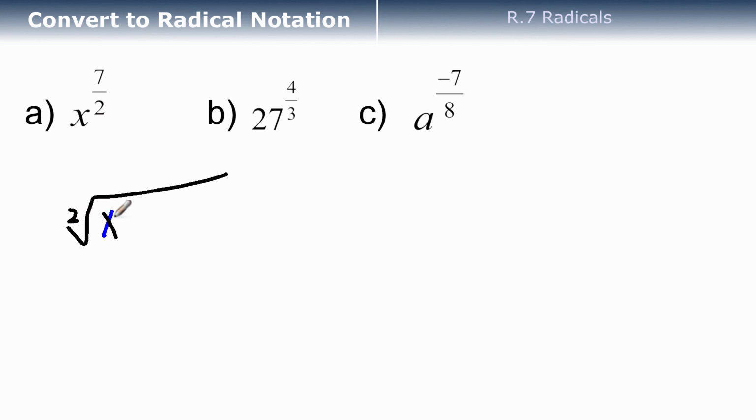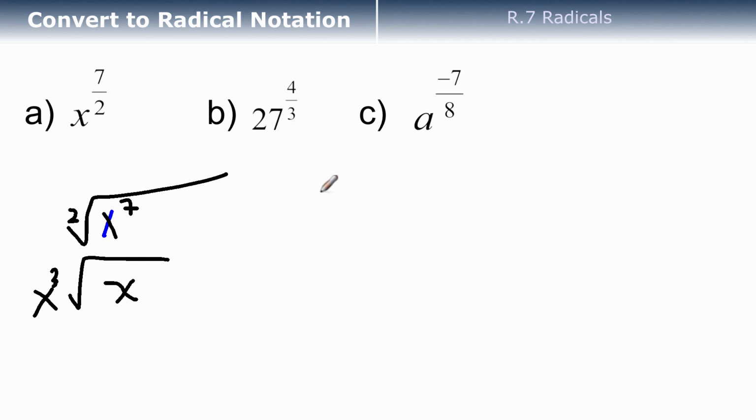Typically we wouldn't write that, but then the 7 becomes the exponent of the x. Now to simplify this, a square root means for every 2 x's in here I can bring 1 out. It looks like there's 3 pairs of x's in there, so I could bring an x cubed out, and then I'd be left with just 1 x inside.